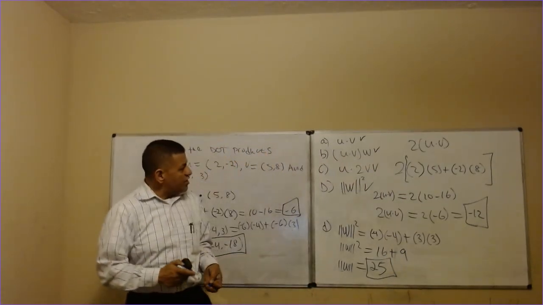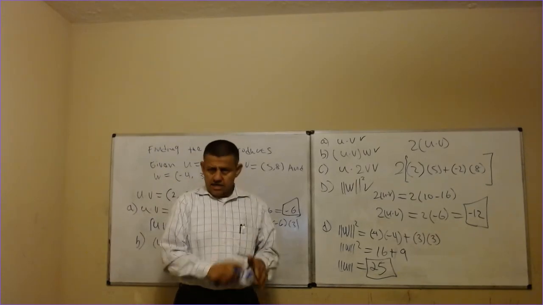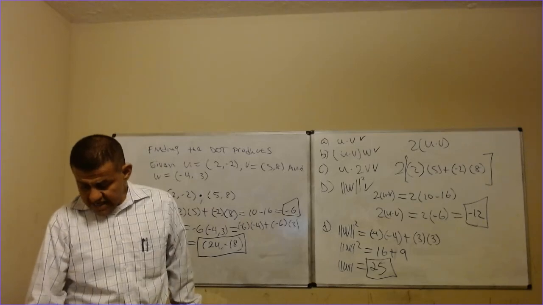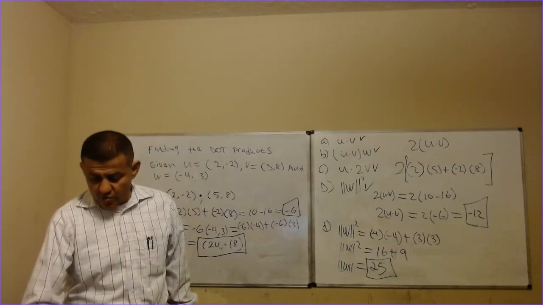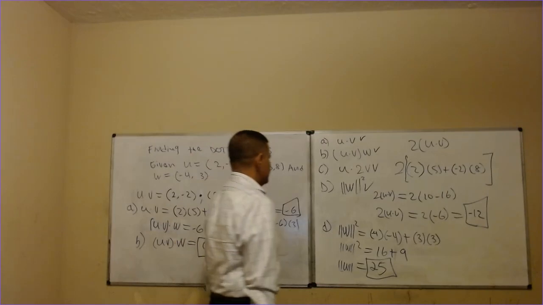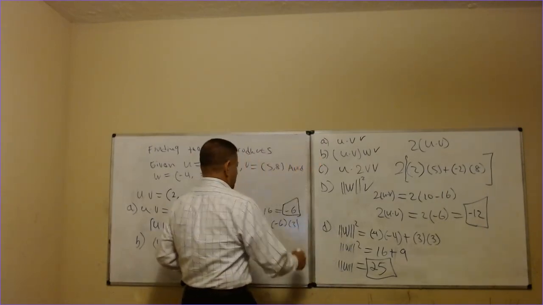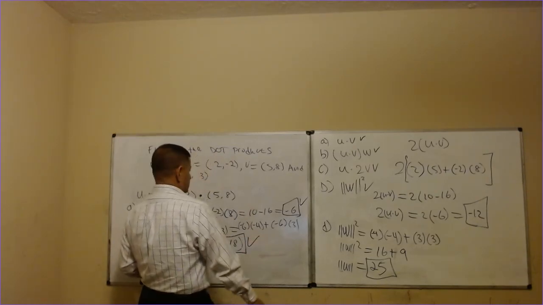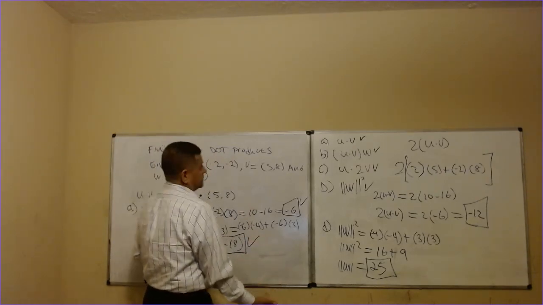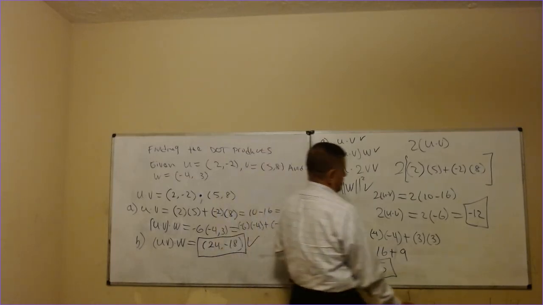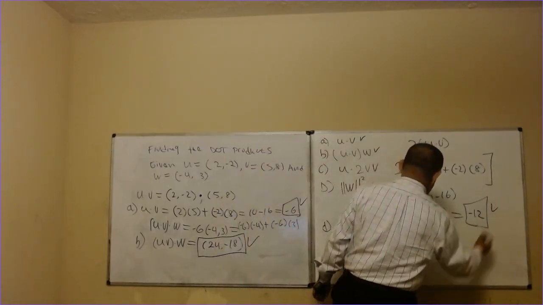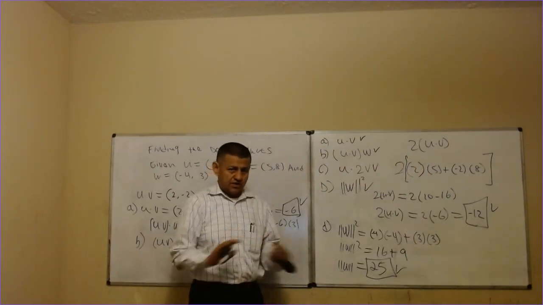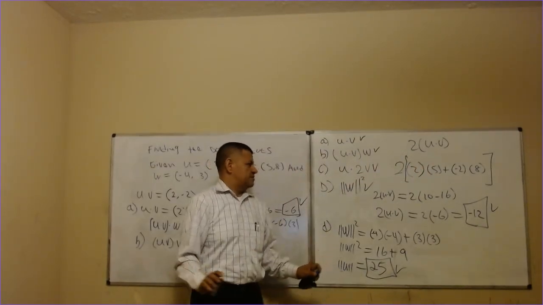Okay, so notice that in every single answer that we got, we got a number. We got a number here, also a number here, here, and also there. Every single one was a pure number, right?